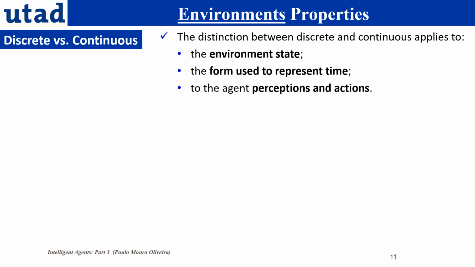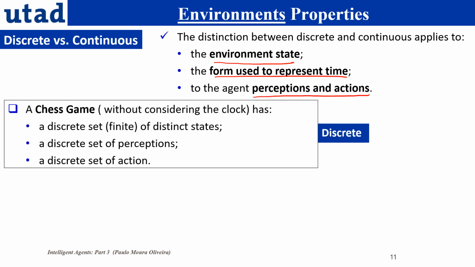Regarding discrete versus continuous, this distinction applies to the environment state, to the way time is represented, and to the agent's perceptions and actions. So the chess game, without considering the use of the clock, has a discrete set of distinct states, a discrete set of perceptions, and a discrete set of actions.